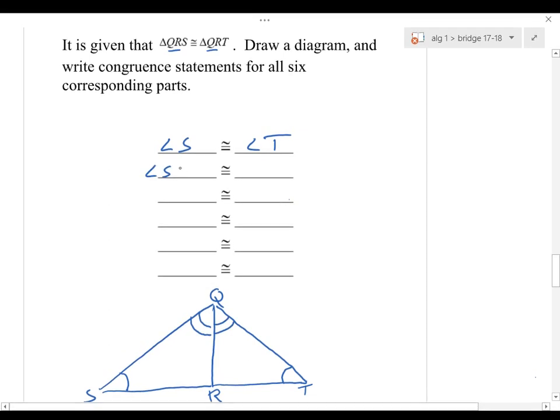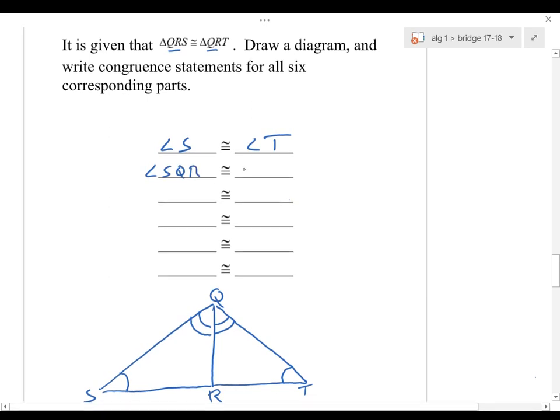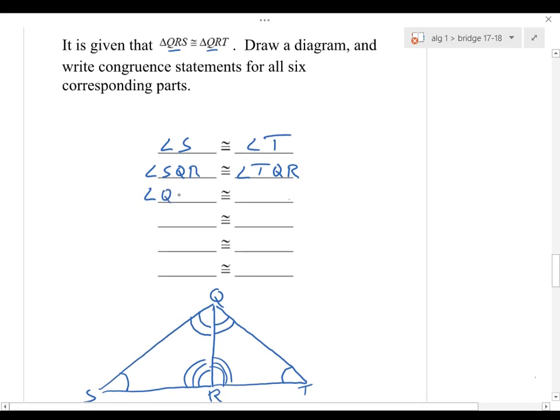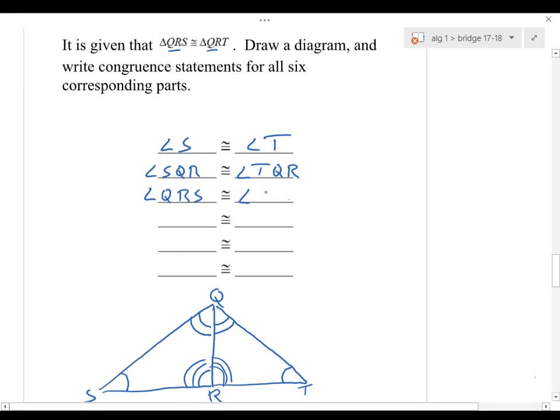So angle SQR is congruent to angle TQR. And the last one we have is here. So I have angle QRS is congruent to QRT.